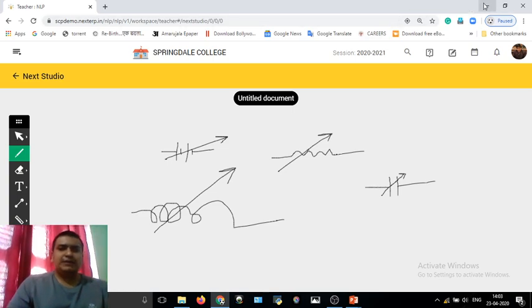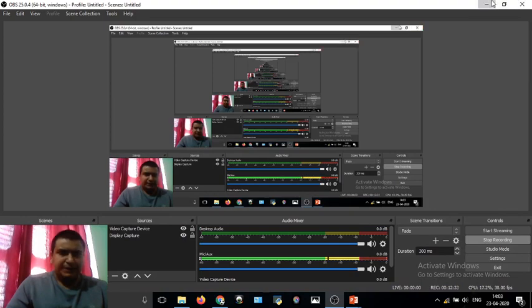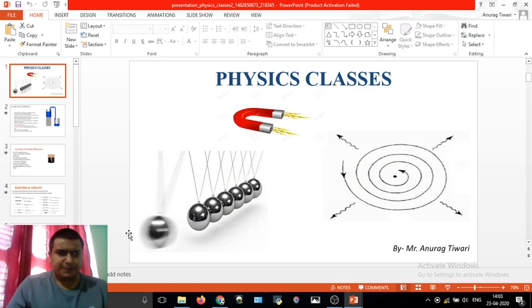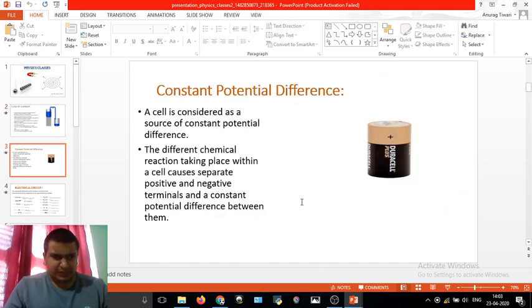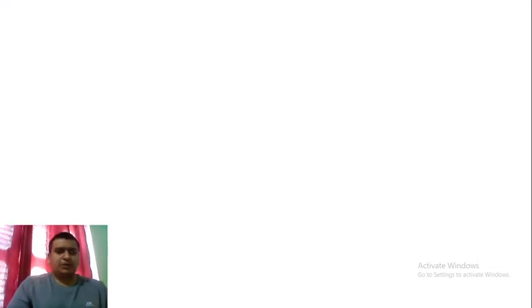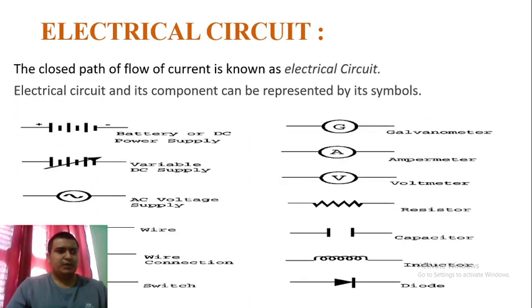Let's discuss some other symbols and see the correct figures of how the symbols look. You see here is a good elaboration of electrical circuit symbols.